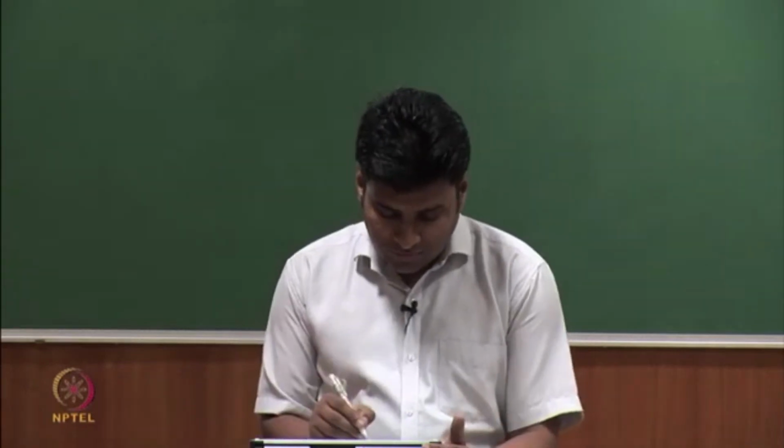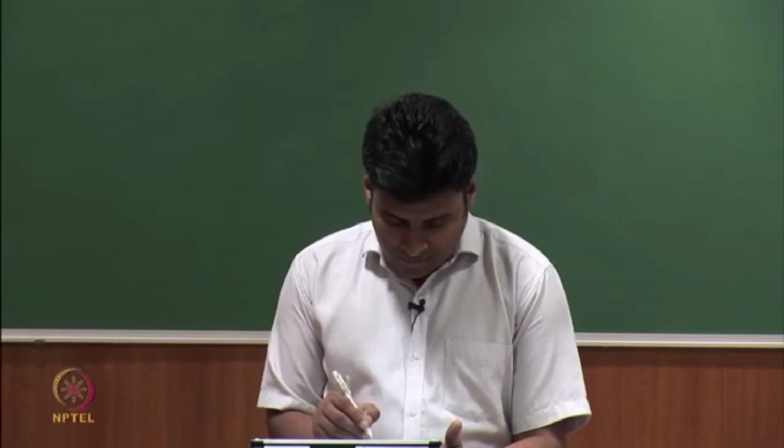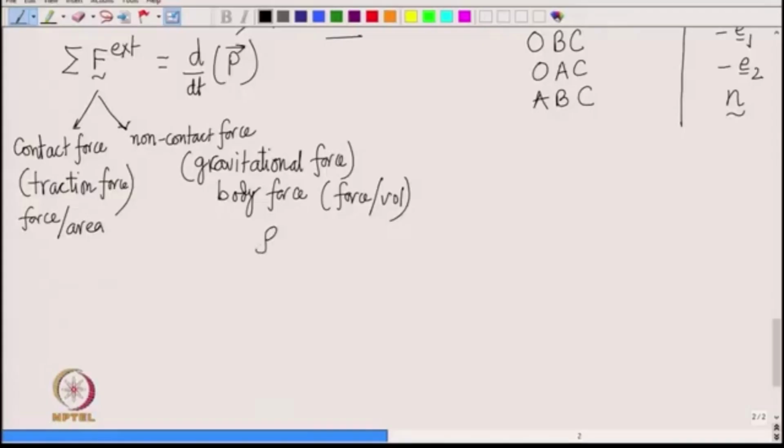So, body force, if it is gravitational, it is simply rho times g, where g is the acceleration due to gravity and rho is the density.